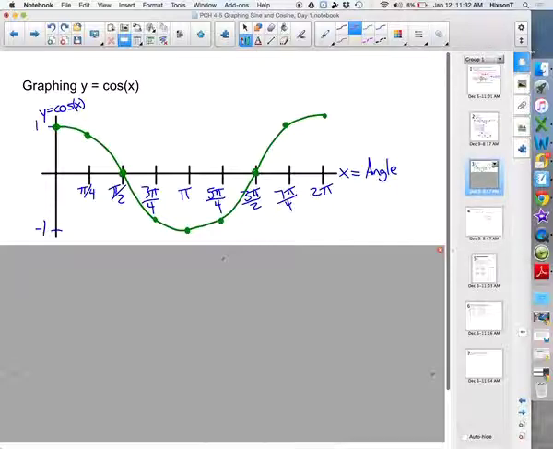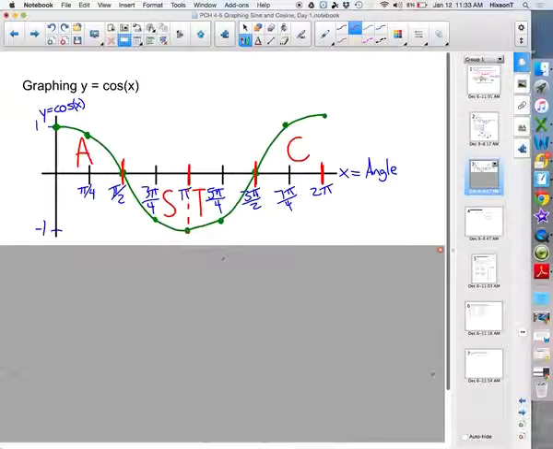Again, if we look at our quadrants, where is cosine positive? The first and fourth. In the first, because all of them are, and the fourth quadrants. It's negative in the second and third quadrants.